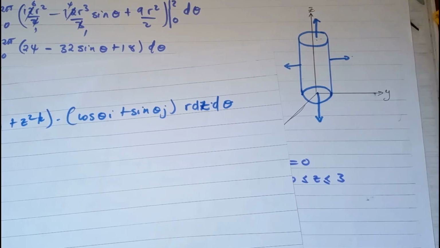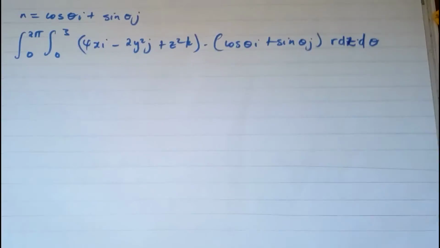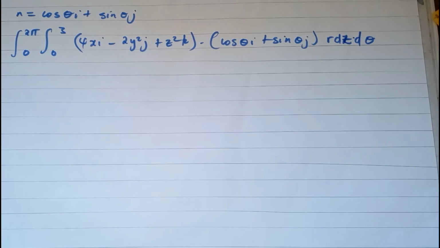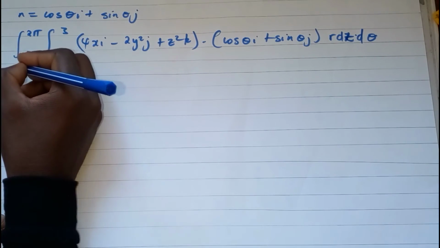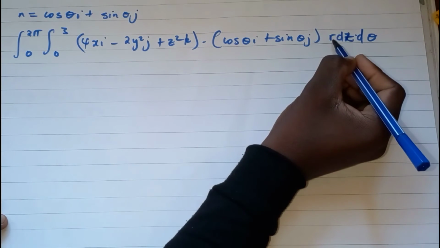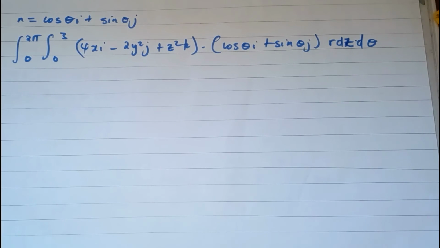If we perform this double integral, we have 2 pi. By the way, we don't have r here, but we know the radius of the circle is equal to 2.